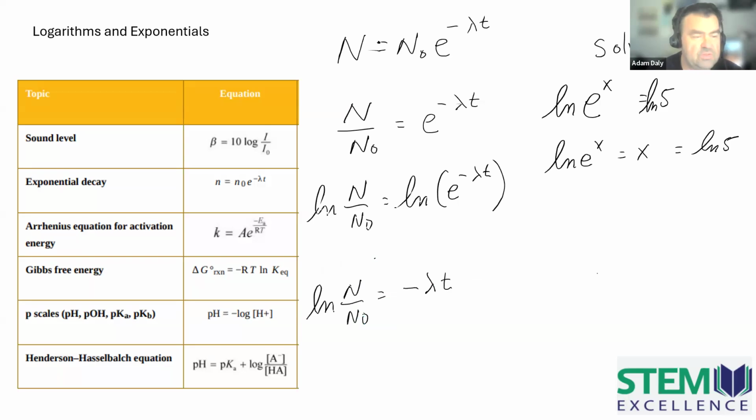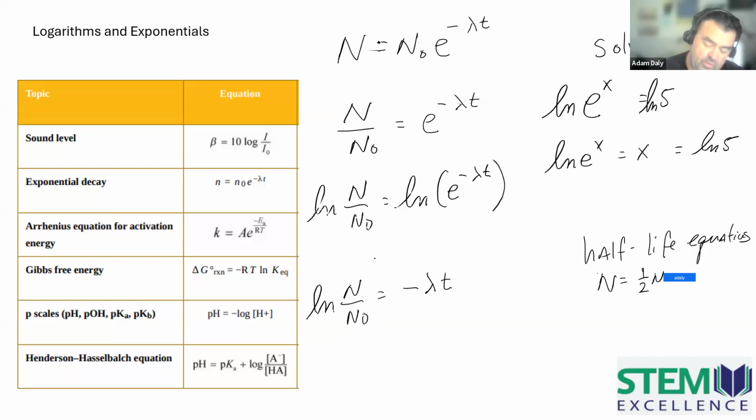Okay. And this, you see this often in what are called half-life equations, which is where N equals 1/2 of your original concentration or your initial amount of particles, usually nuclear or with concentrations.